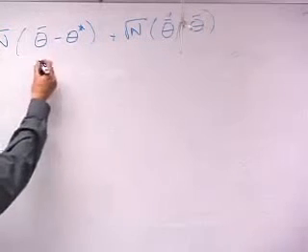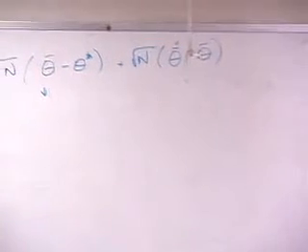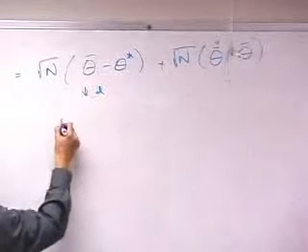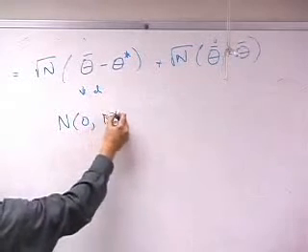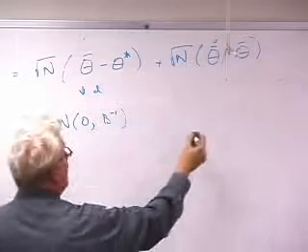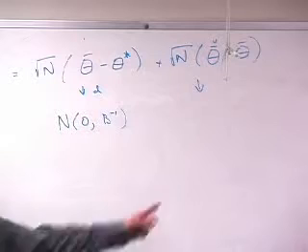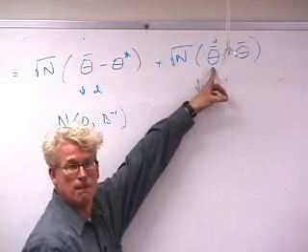This we know from the Bernstein-von Mises theorem converges in distribution to that. Okay. And this, what does this converge in distribution to? What we're doing here is taking draws from a distribution and averaging them.